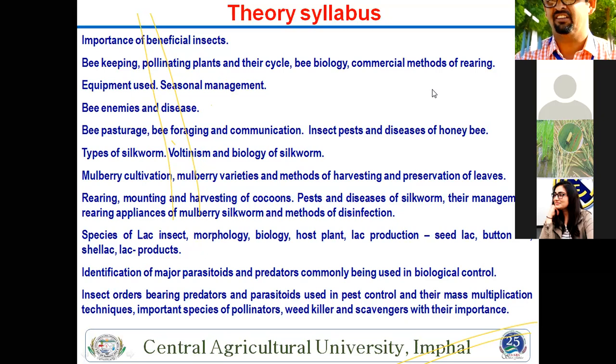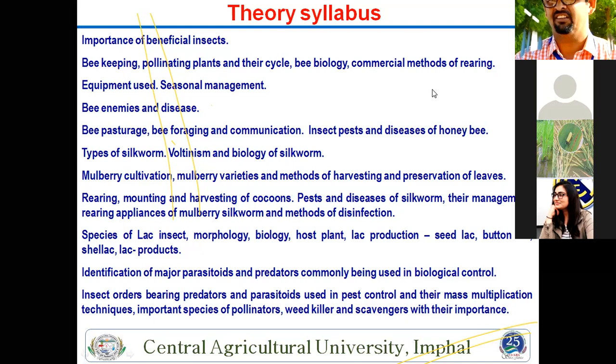Then second is silkworm. How many species of silkworm, then voltinism and biology, then mulberry cultivation, because the major species of silkworm is the mulberry silkworm.